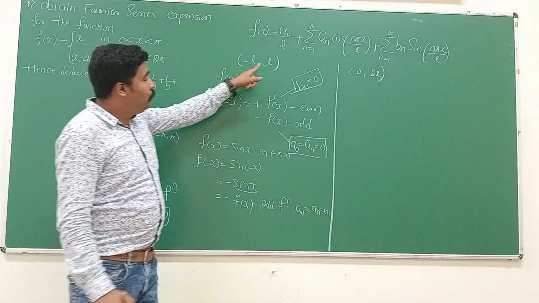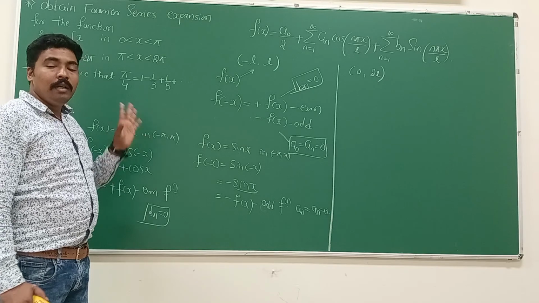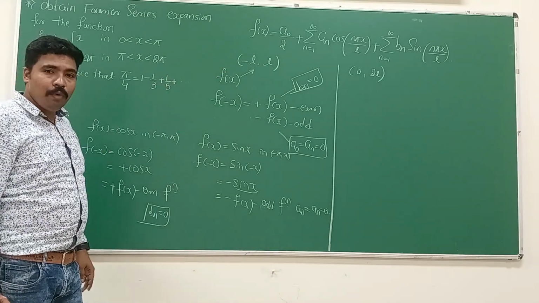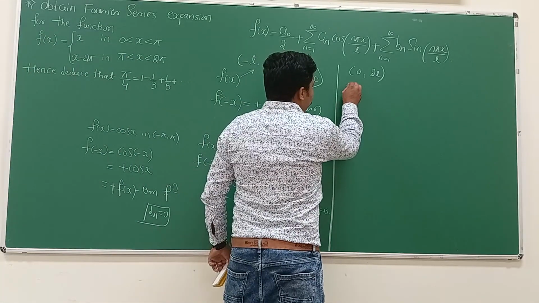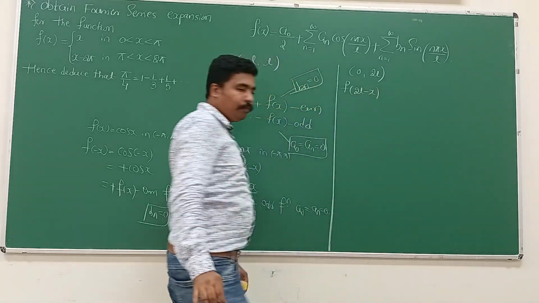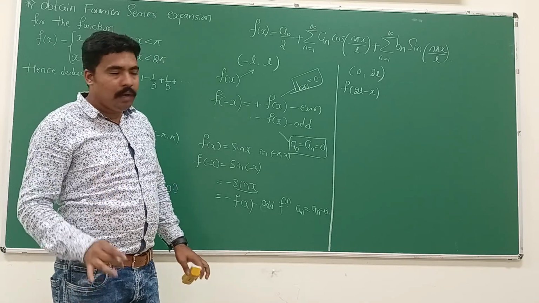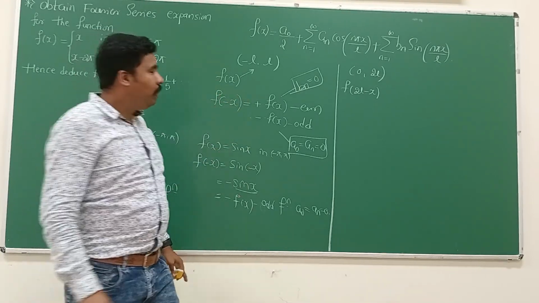When it is minus L to L, we have to replace x by minus x to check whether it is even or odd. Now another form of the standard limit is 0 to 2L. In this case, you have to replace x by 2L minus x in the given function.